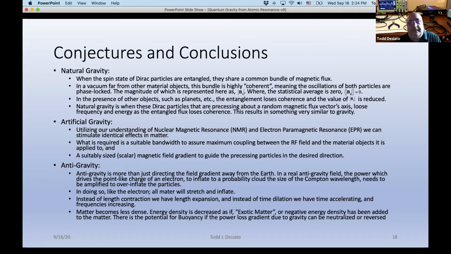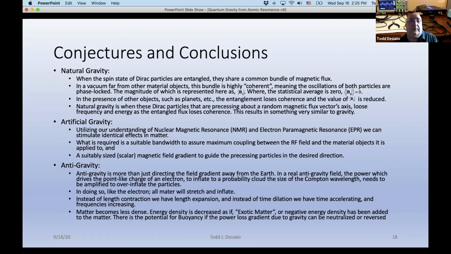The probability cloud contracts, and this gives us length contraction and time dilation. And so natural gravity is when Dirac particles that are precessing about a random magnetic flux axis lose frequency and energy as the entangled flux loses coherence. This results in something very similar to gravity, and hopefully something we can mimic in a laboratory. That's the goal.